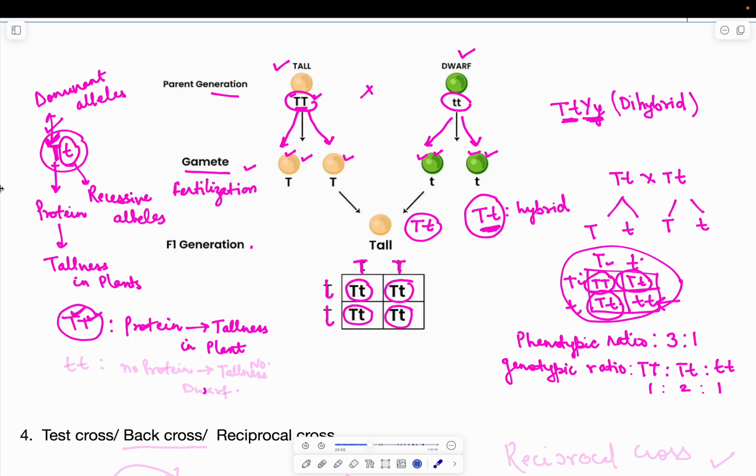But in case of homozygous recessive, there was no dominant allele, so no protein or not a sufficient amount of protein was produced which can cause the tallness. So there was no tallness. The plants were dwarf.